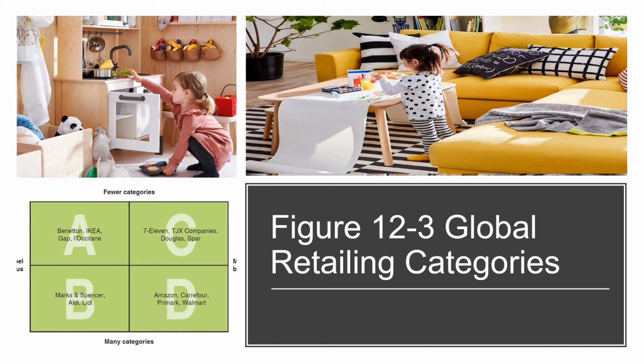Retailers in quadrant C, or category C, offer many well-known brands in a relatively tightly defined merchandise range. Here, for example, we find Toys R Us with specialization in toys, including branded products from Mattel, Nintendo, and other marketers.